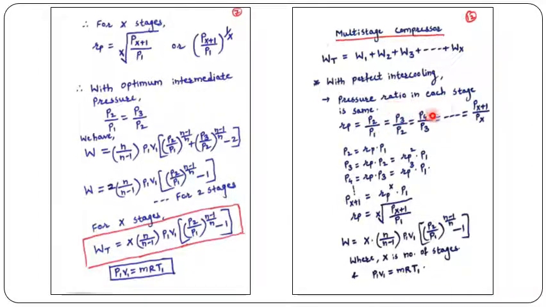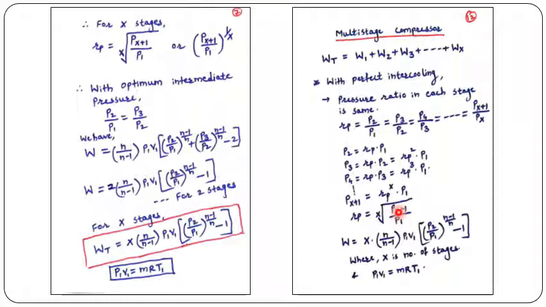So, we got the pressure ratio in each of the stages to be the same, which is denoted as Rp. And then if you want intermediate pressures, you can use a simple formula like P2 is equal to Rp into P1, but Rp can also be obtained using the expression, that is the xth root of the final delivery pressure by the suction pressure of the first cylinder.